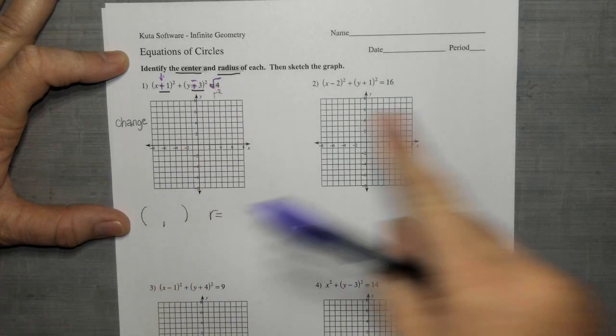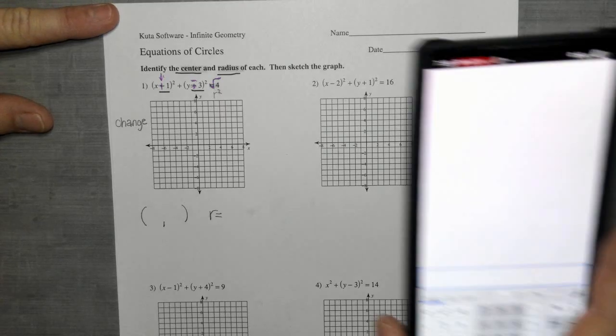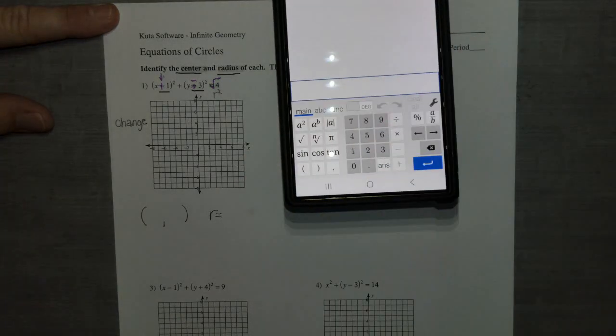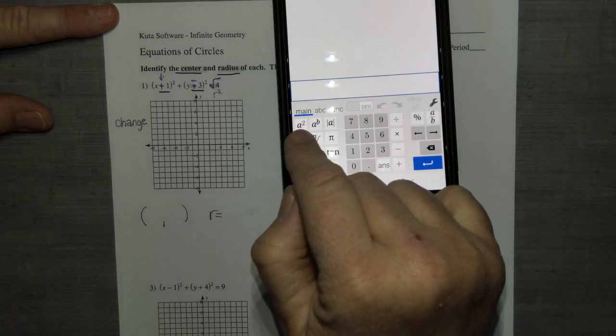Now with the calculator, we need to do the square root this time. So go ahead and take your Desmos calculator. If you have the yellow calculator, then you want to hit the number, so it would be 4, and then you hit the x to the second power, the x with the 2 in the corner. So this here, we have a Desmos, so instead of x to the second, it's a to the second.